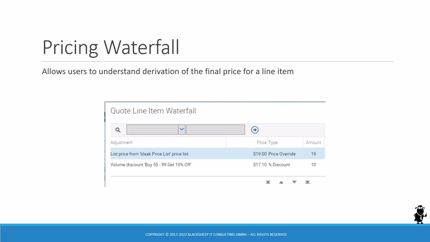But users might want to know why or how we got to the end price for the product. For example, why does the customer get the product for $17.10? Why not 19, which is the list price?